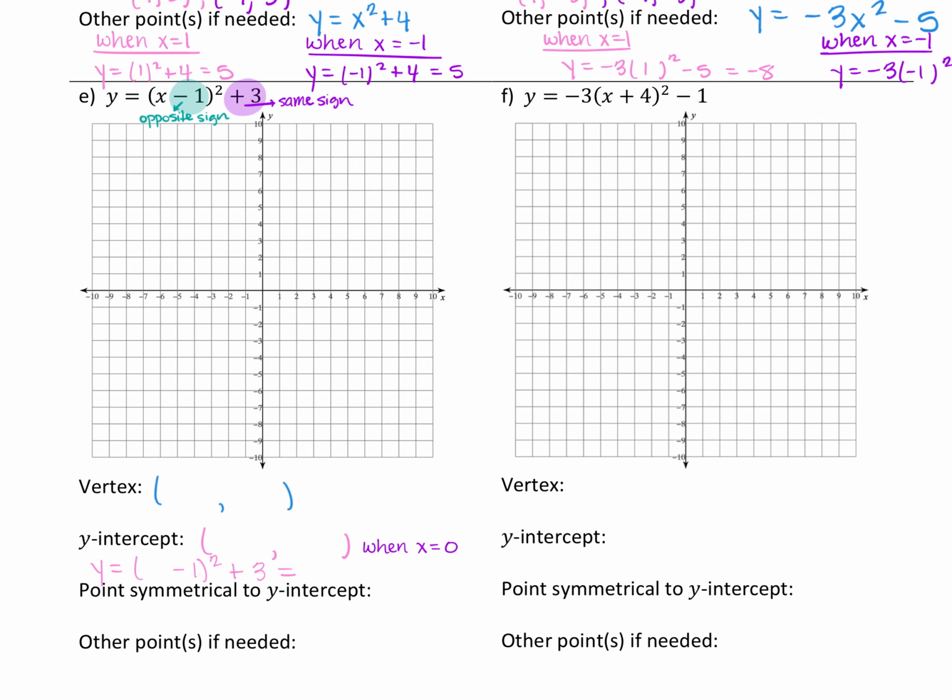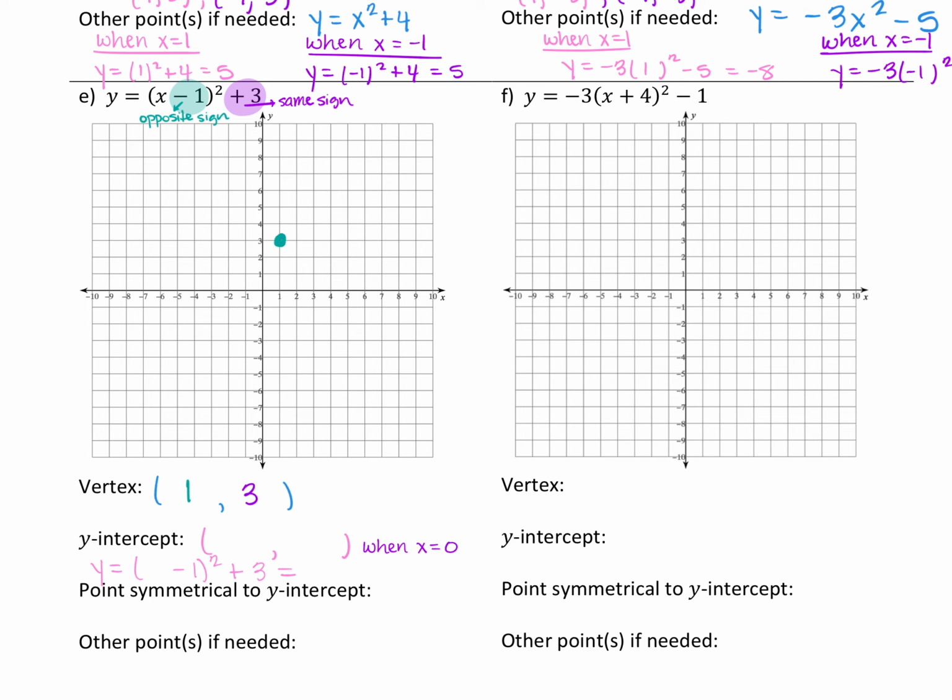For example E, the x value of our vertex, remember it's the opposite sign, so instead of a negative 1, it has to be a positive 1. And then the y value of our vertex, the same sign is what we use, and so that's a 3. So our vertex is 1, 3.